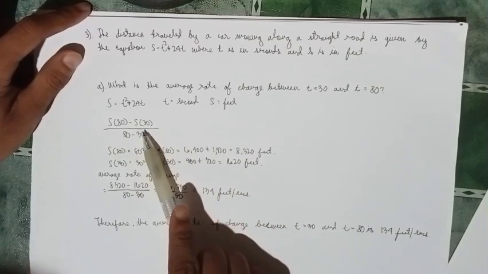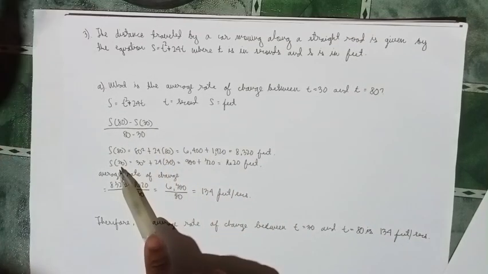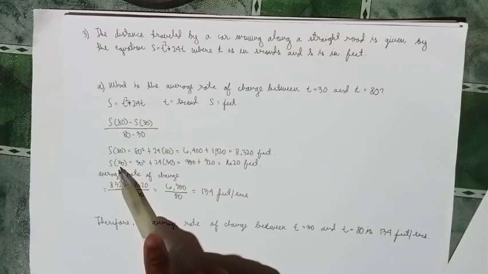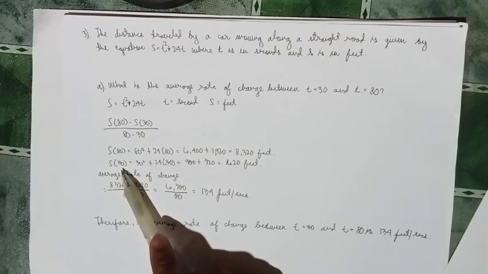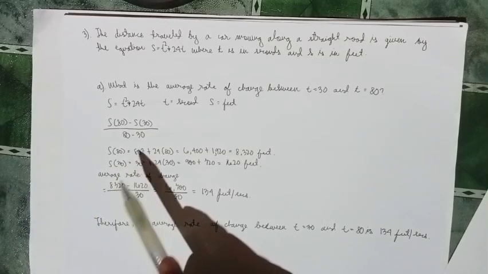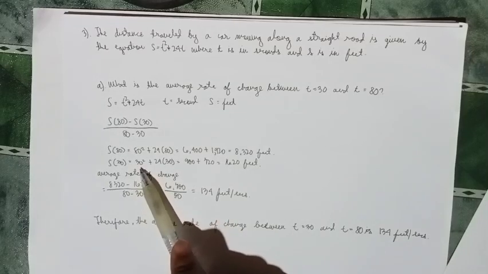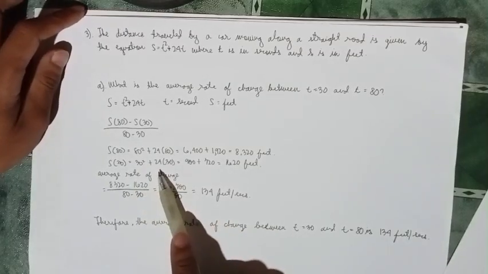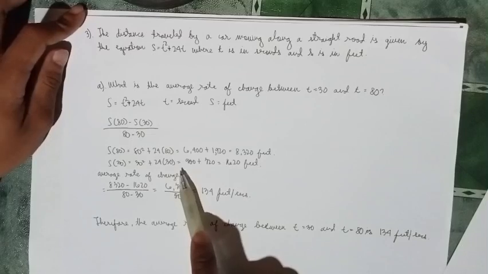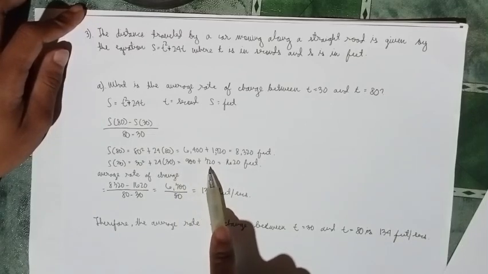Then next is the 30. Substitute 30 into the function. So s of 30 is equal to 30 squared plus 24 multiplied by 30, which is 900 plus 720.